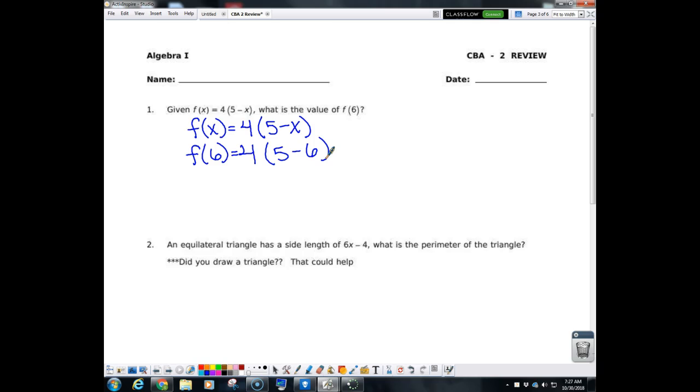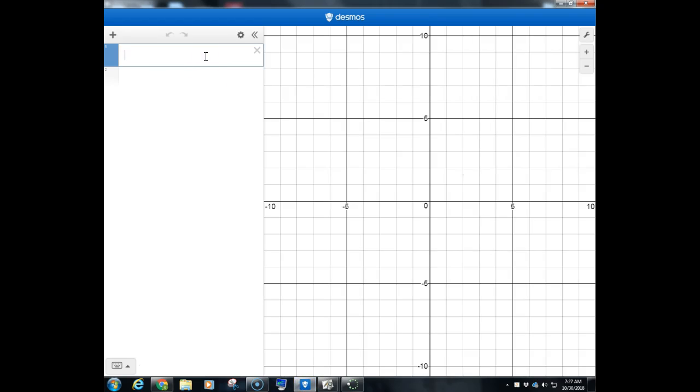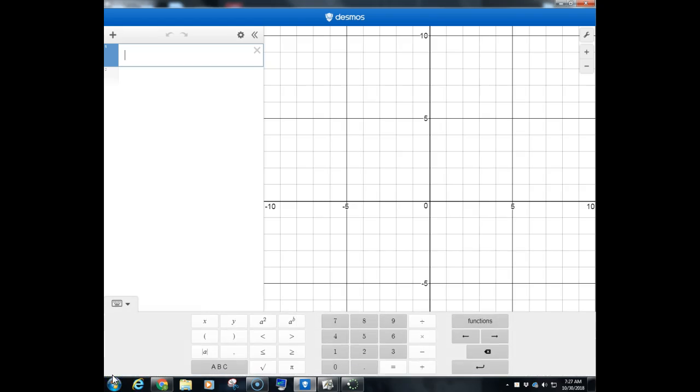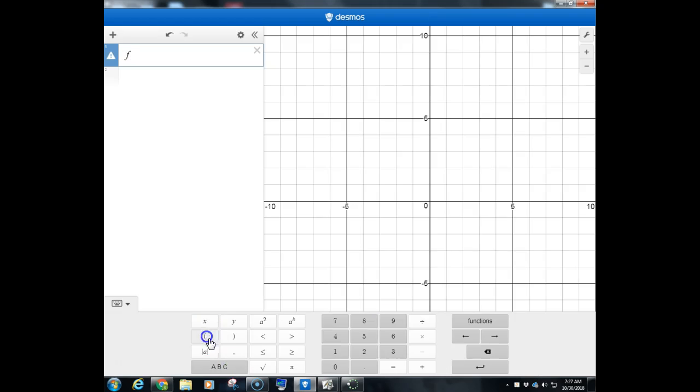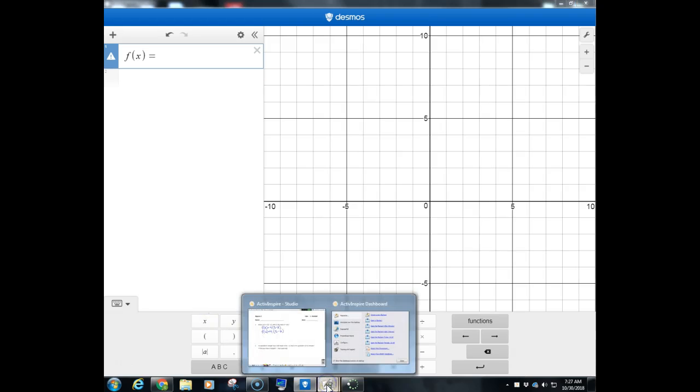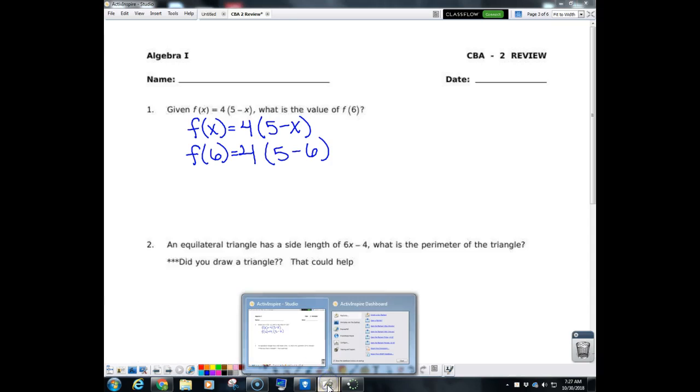Now, you can evaluate it like that, or remember, we have our Desmos calculator. So you could type f of x equals 4 times the quantity 5 minus x.